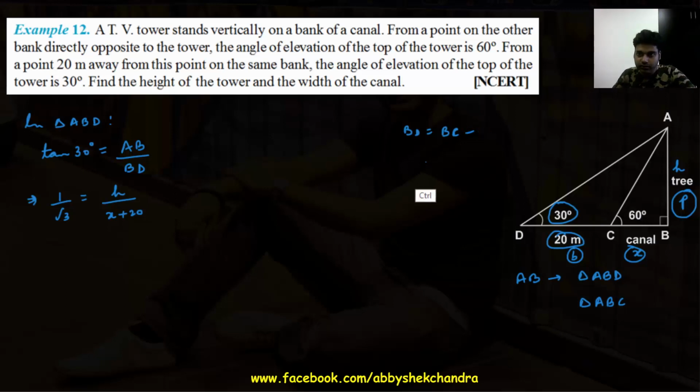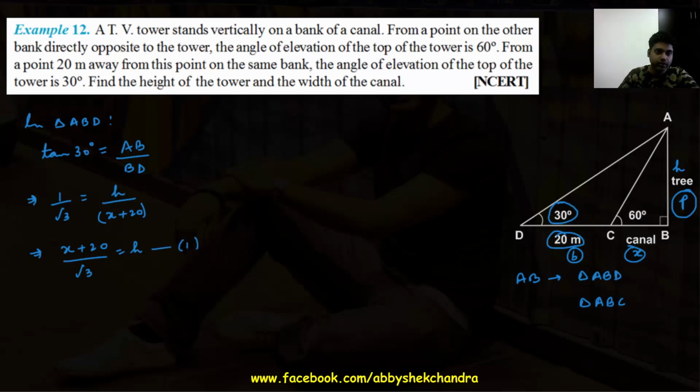Okay, so from here we are going to calculate the value of h. So bring x plus 20 to the other side, goes in the numerator, by root 3 equal to h. So call it 1. Next, in triangle ABC, the angle is 60 degrees.